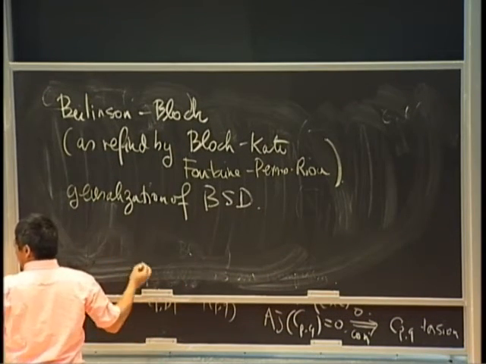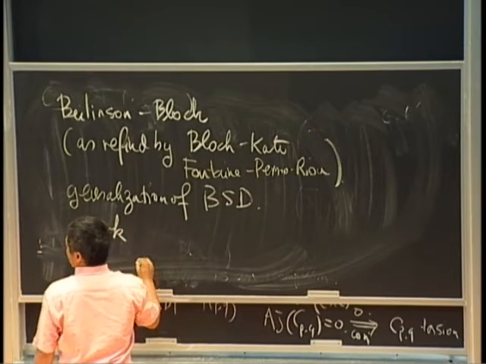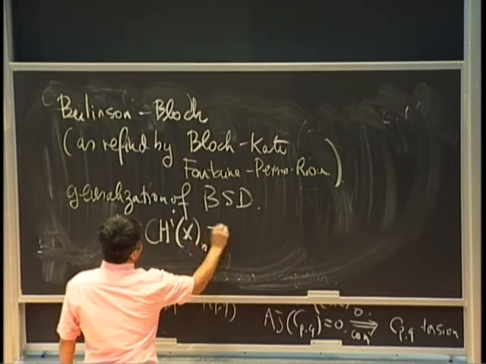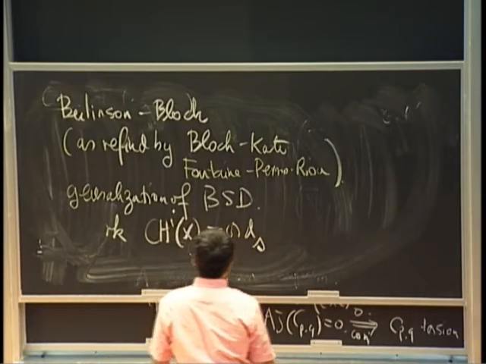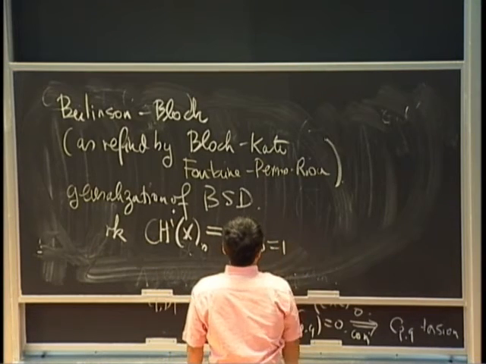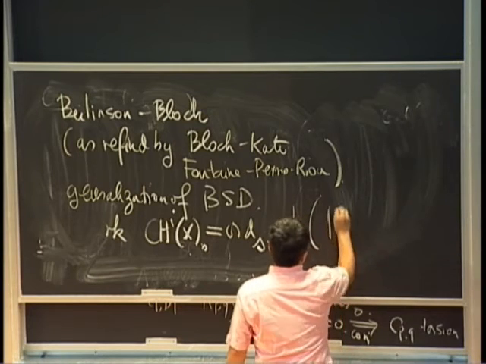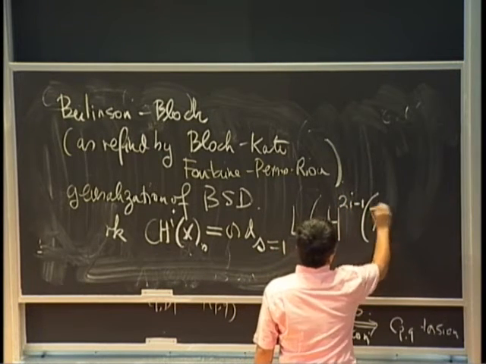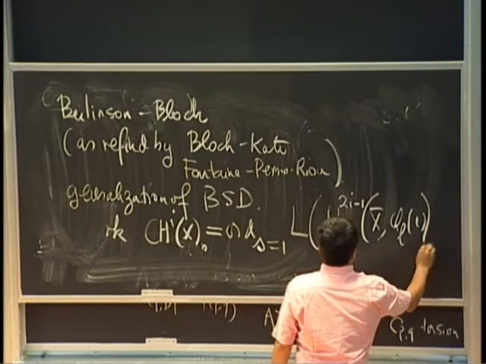In other words, the rank of the Chow group of X_0 should be equal to the order of vanishing at s equals 1 of the L-function of H^(2i-1) of X bar Q, L of s.